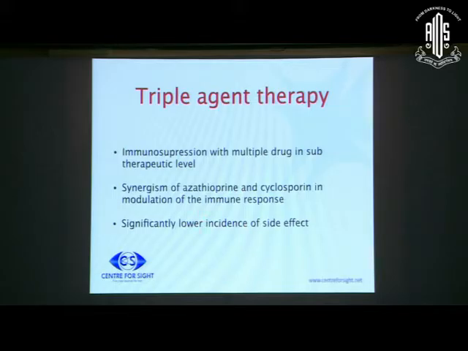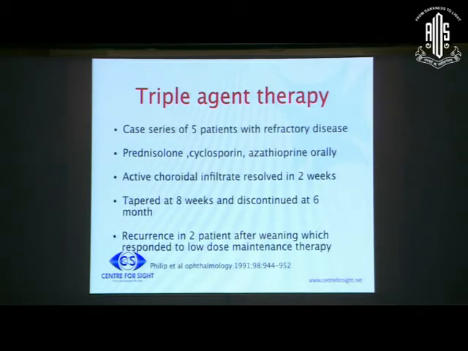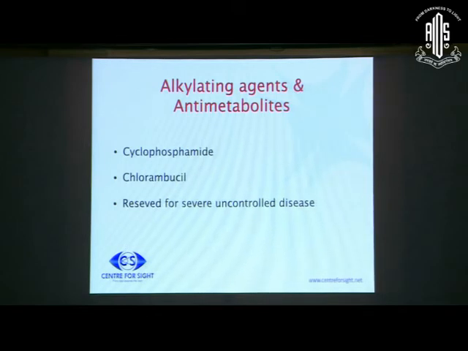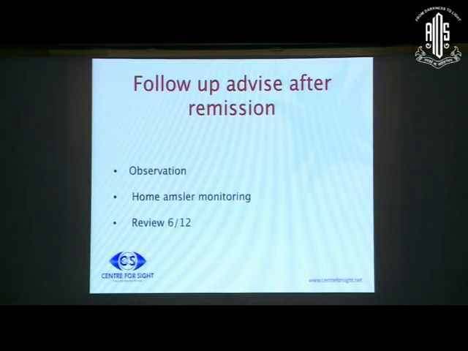You use them in lower doses to reduce the side effects, at the same time having a synergistic effect on the lesion. There's an article which showed combining prednisolone, cyclosporin, azathioprine, and the patient's infiltrate resolved in 2 weeks and steroids were tapered at 8 weeks. They were continued for about 6 months, and the recurrence rate was much less. You can have other alkylating agents such as cyclophosphamide, chlorambucil, and they are generally reserved for uncontrolled disease.